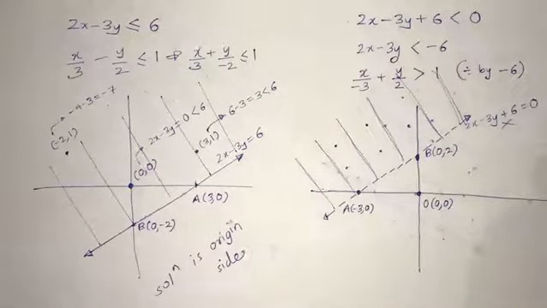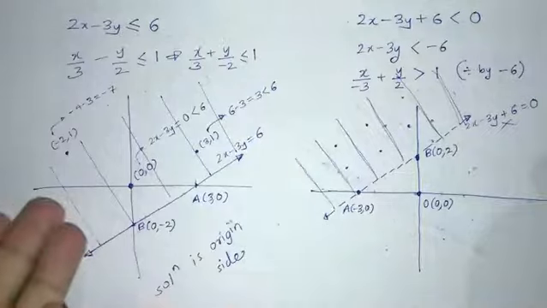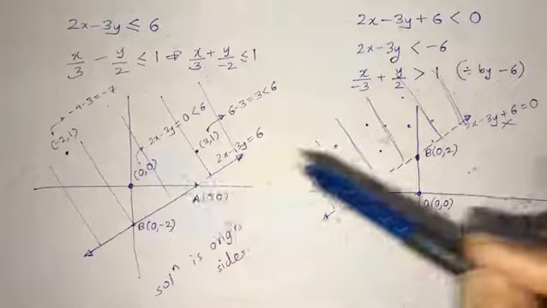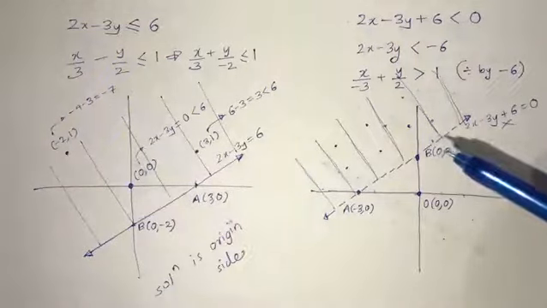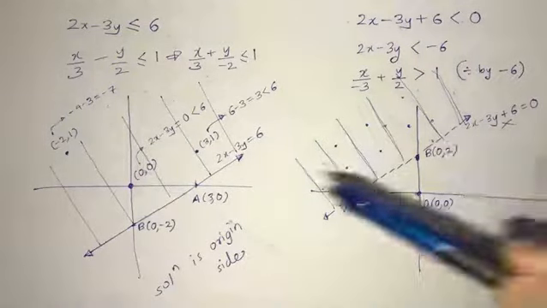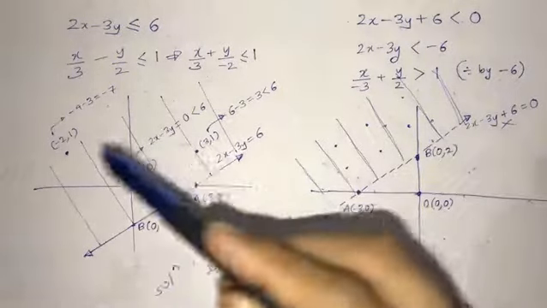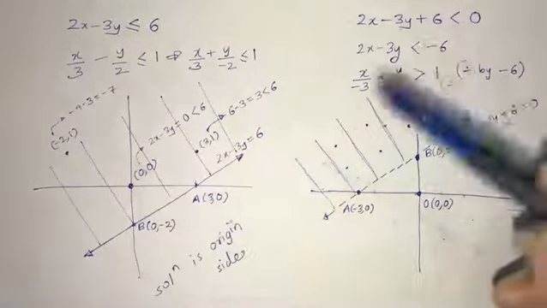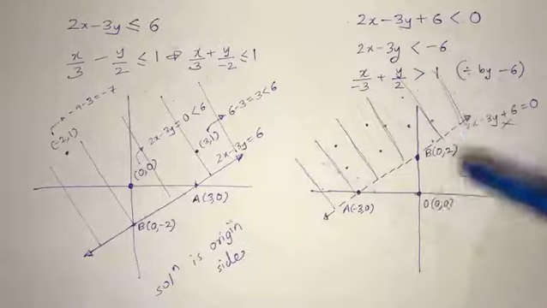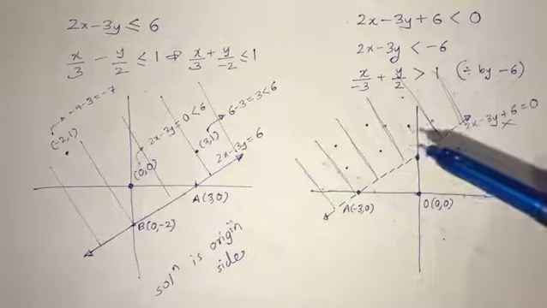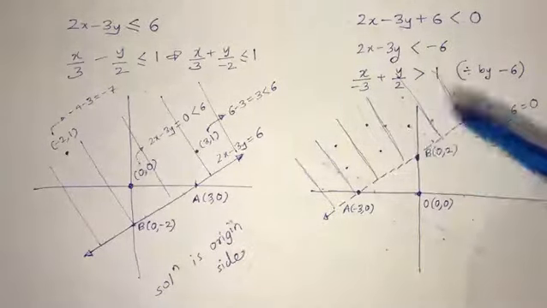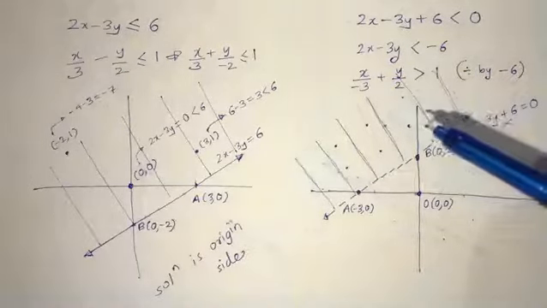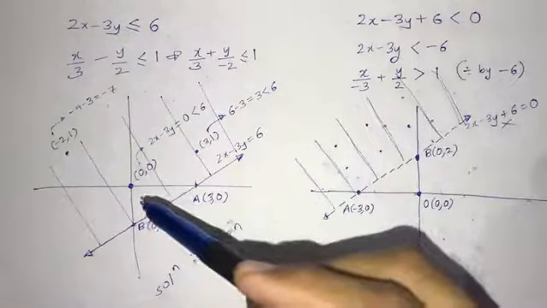It is the non-origin side. The one here is the origin side, and the one here is the non-origin side, because in this half plane the origin is not present, and in this half plane the origin is present.